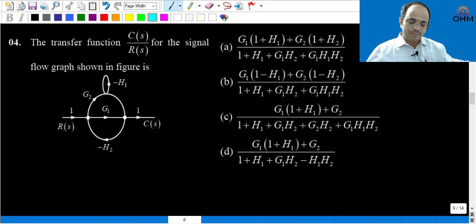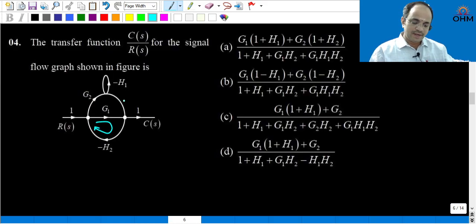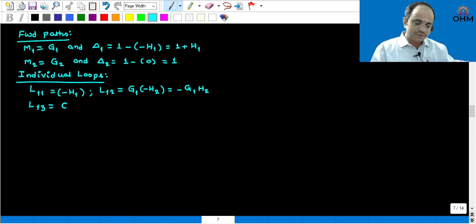Second individual loop is G1 into minus H2. Hence, it will give you minus G1 into H2. Third individual loop, that is G2 into minus H2. Therefore, G2 into minus H2. These are the three possible individual loops.